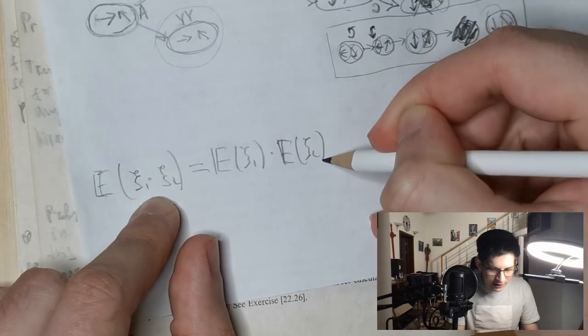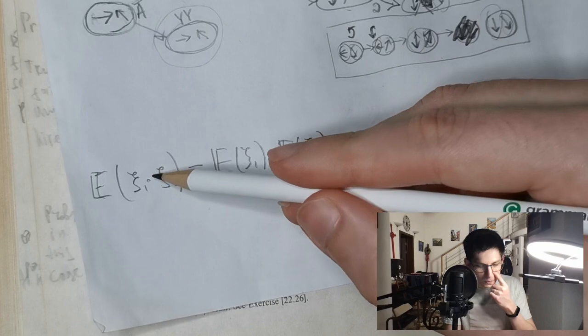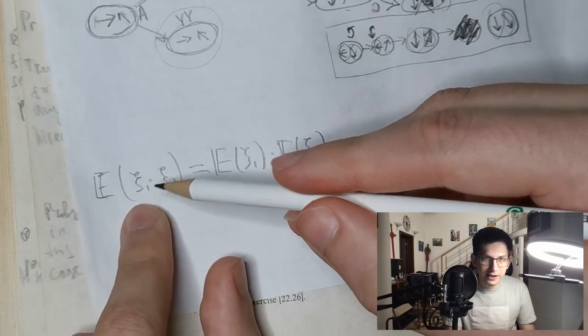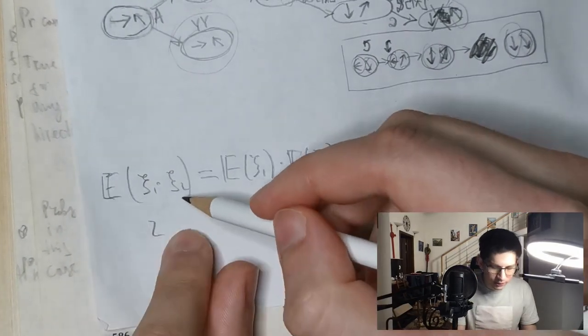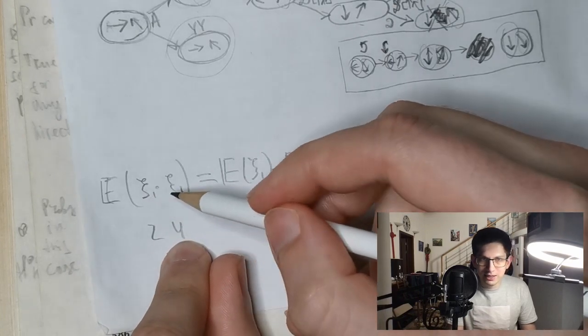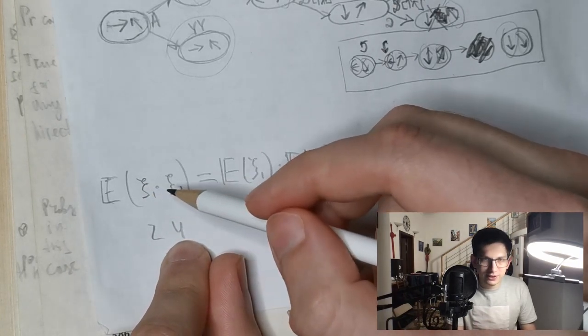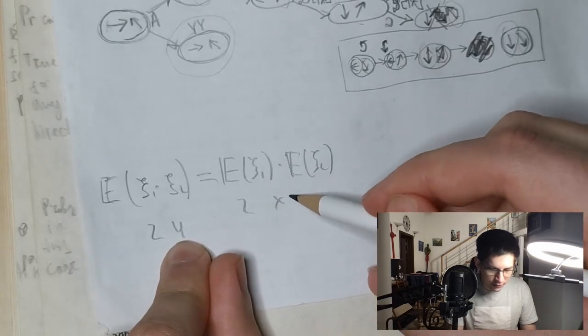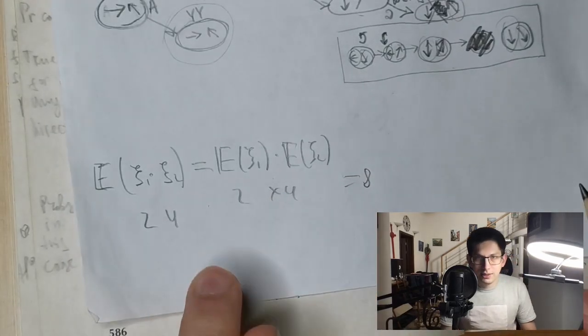So if you expect on average one variable to give result 2 and another to give result 4, then the expectation of the product, if there is no correlation, will be just 2 times 4 equals 8.